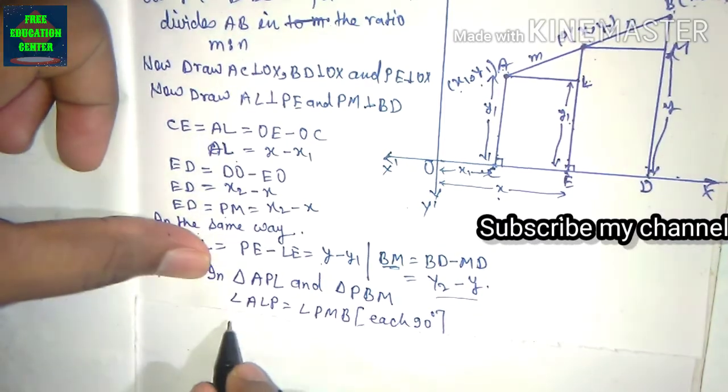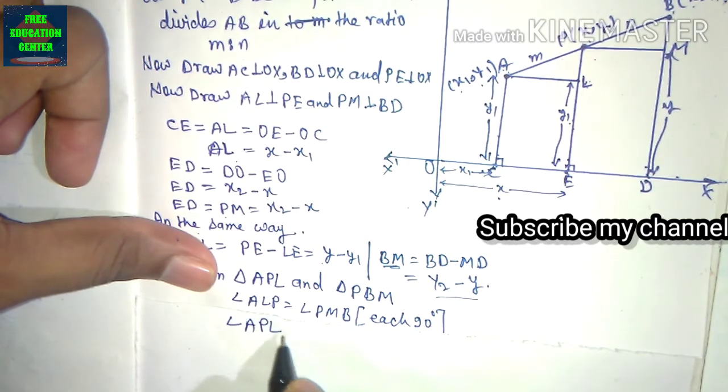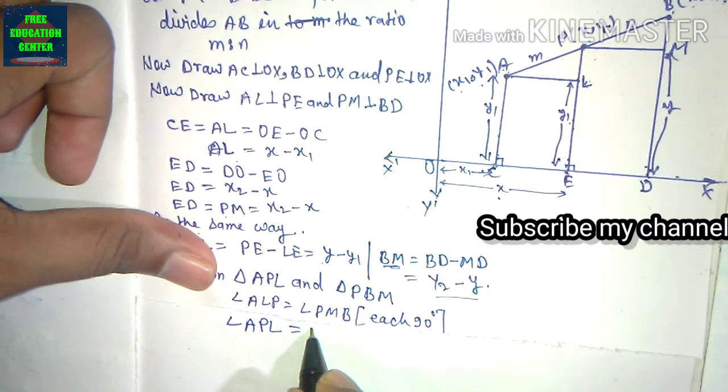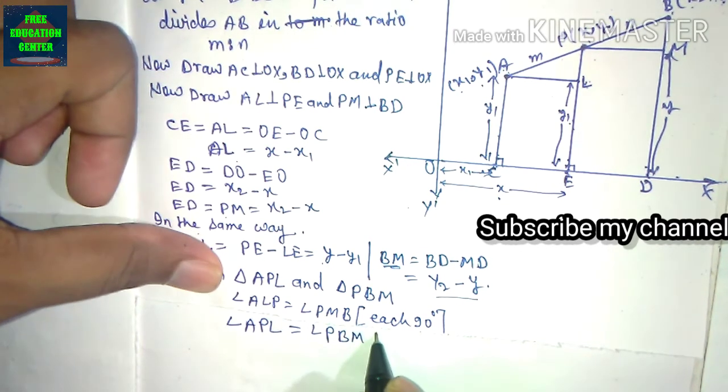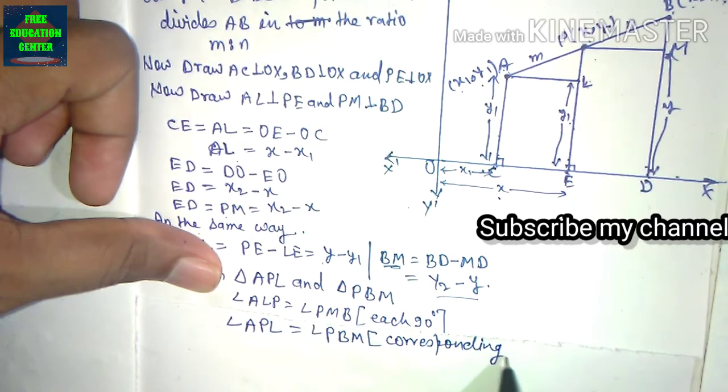Now angle APL equals angle PBM, each equal to the corresponding angle.